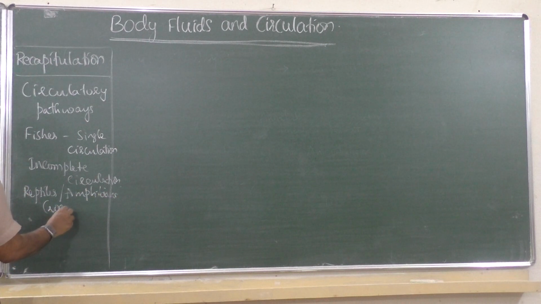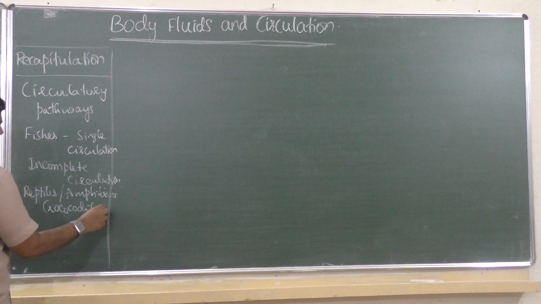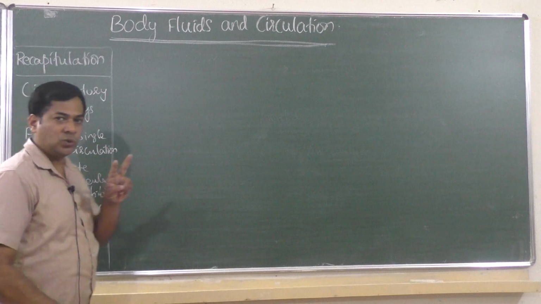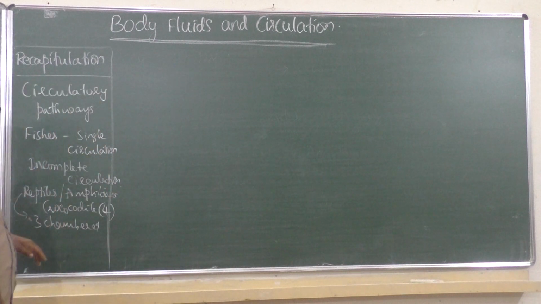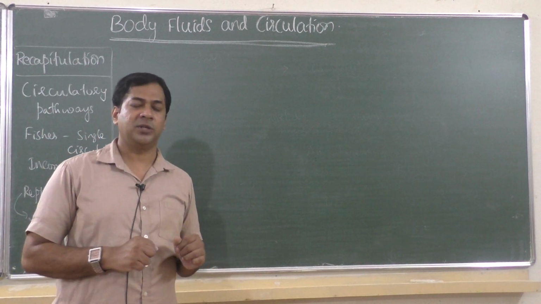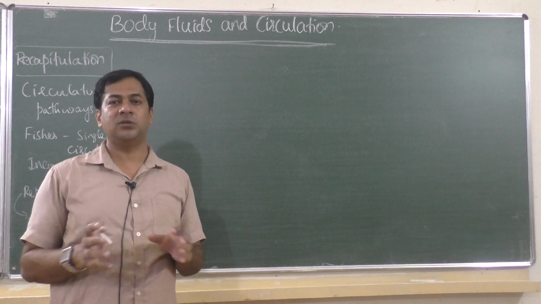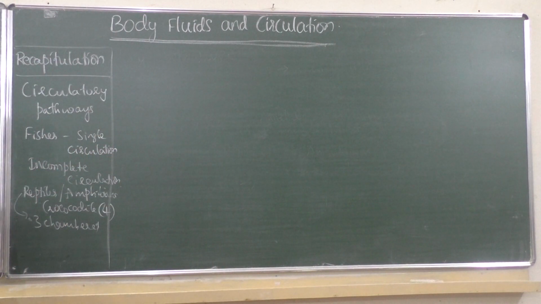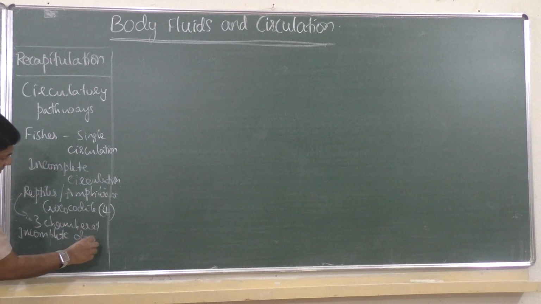Crocodile is an exception because crocodile has a 4-chambered heart, but the remaining reptiles have a 3-chambered heart. 3-chambered heart means only 2 auricles and only 1 ventricle is there, and here mixing of carbon dioxide and oxygen happens because the organism can tolerate mixing of carbon dioxide and oxygen, what we have learnt in last class. Then it is called incomplete double circulation.